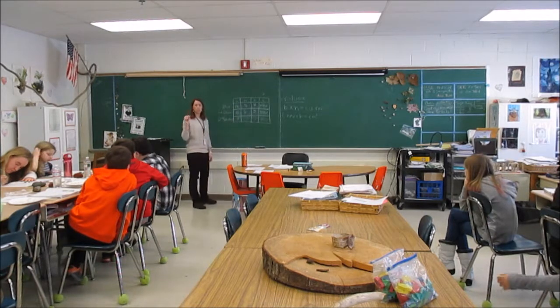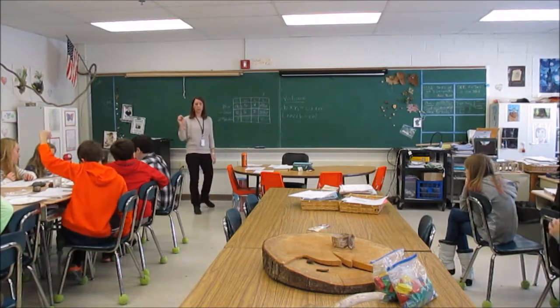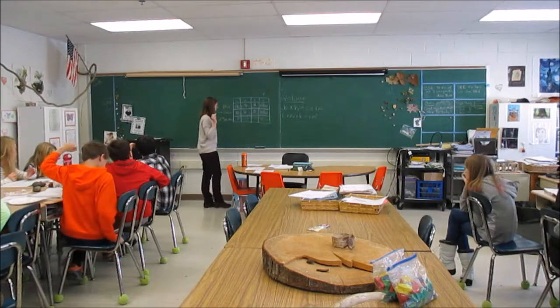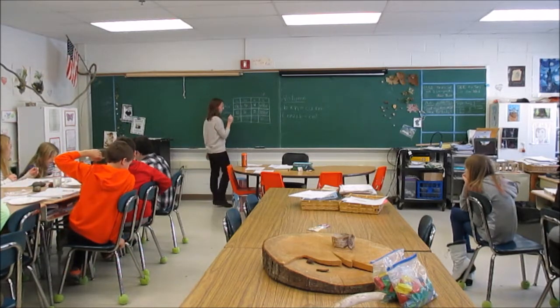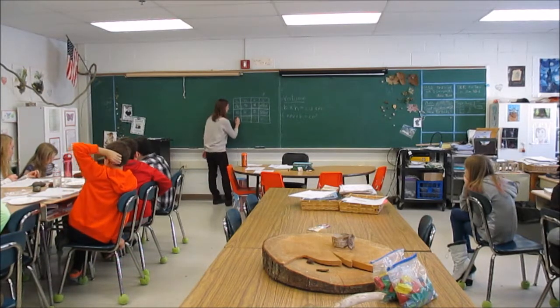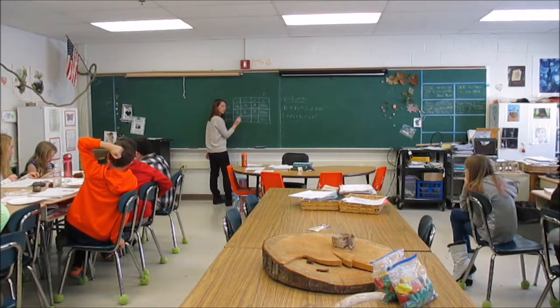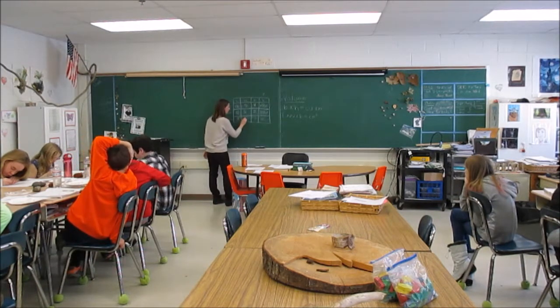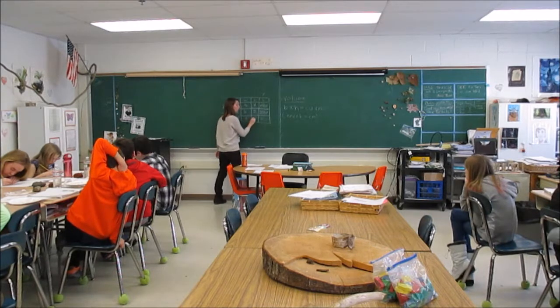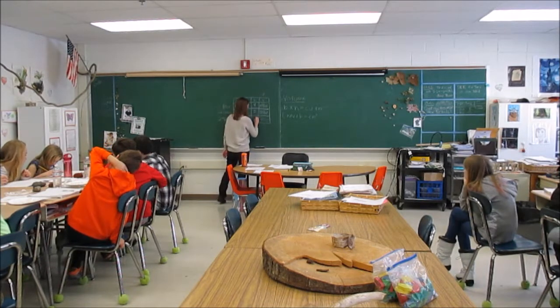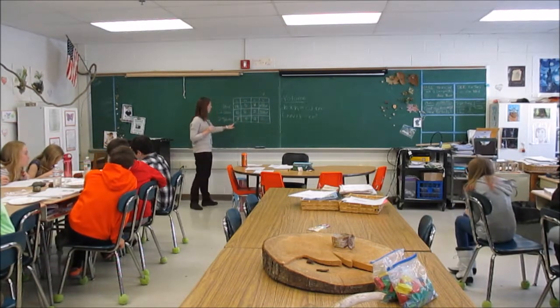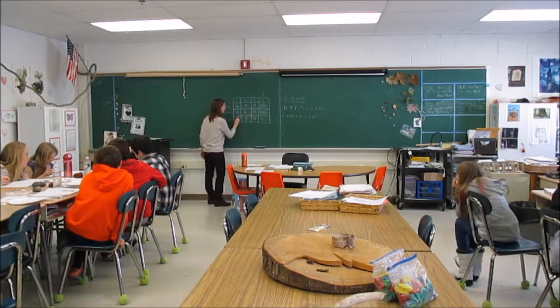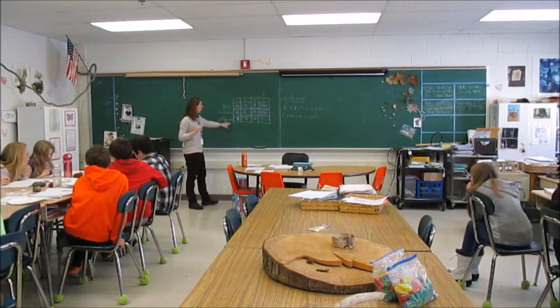What are the dimensions of the new blue bin? Connor W. The length is 5. The width is 5. And the height is 12. Okay. So our second blue bin is 5 by 5 by 12.